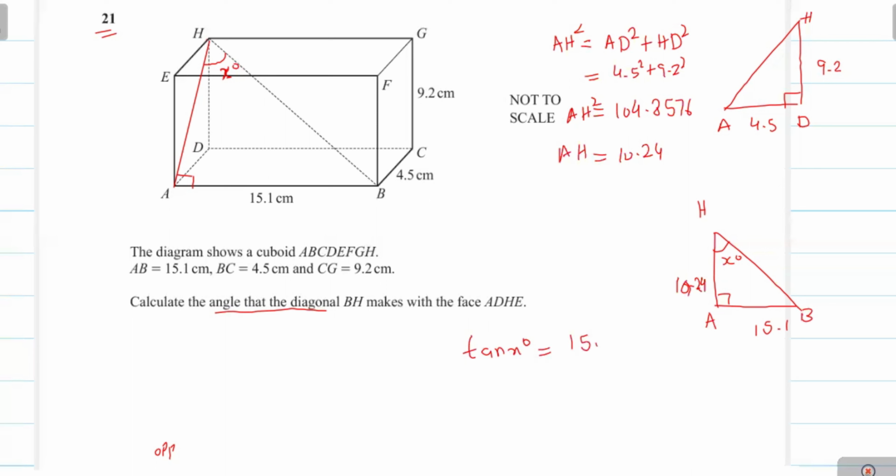Question 22, ABCD is a rhombus with side length 13.6 centimeter, angle ABC 41 degree. Calculate the shaded region. You see here, this is the rhombus. Therefore, each side of the rhombus is equal. Therefore, we can write AD is equal to 13.6 centimeter. And you see here the angle ABC is 41.